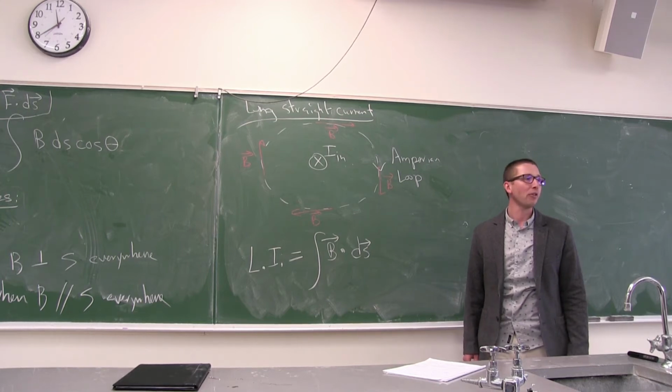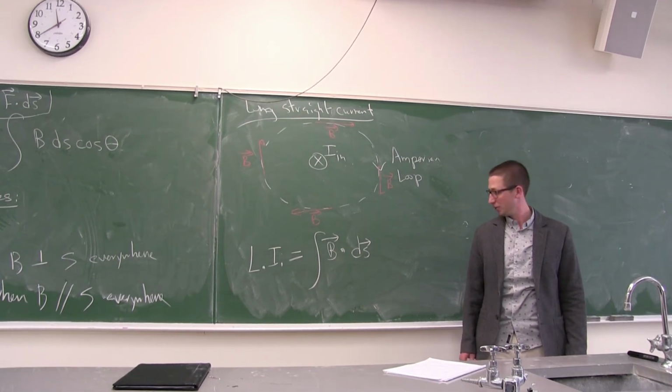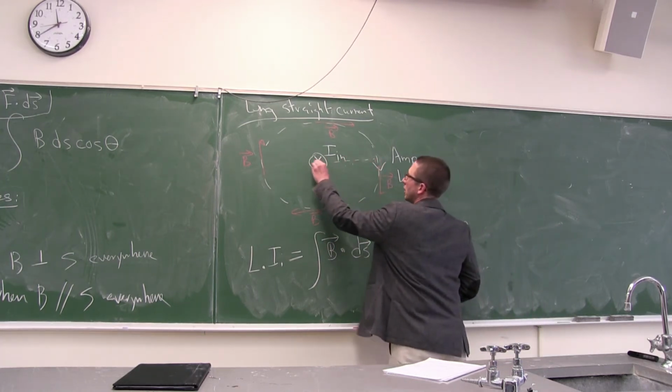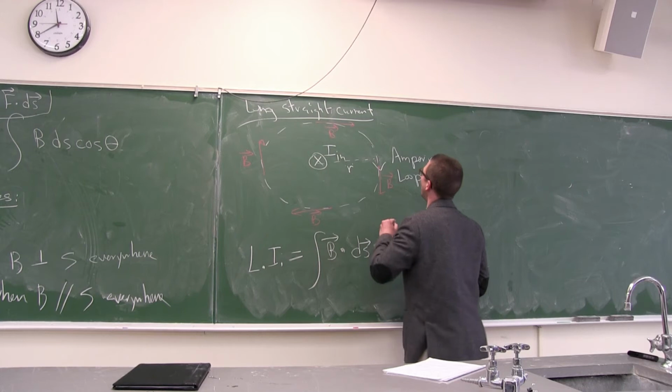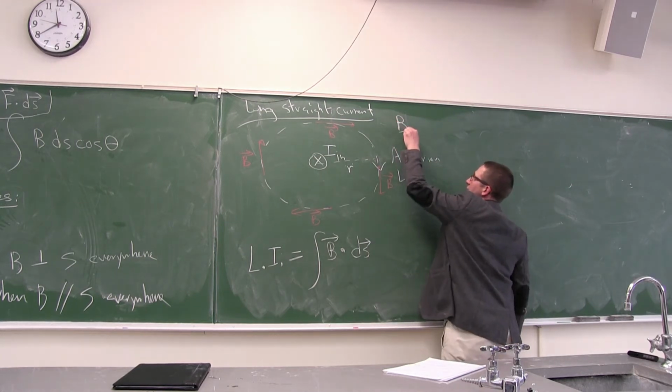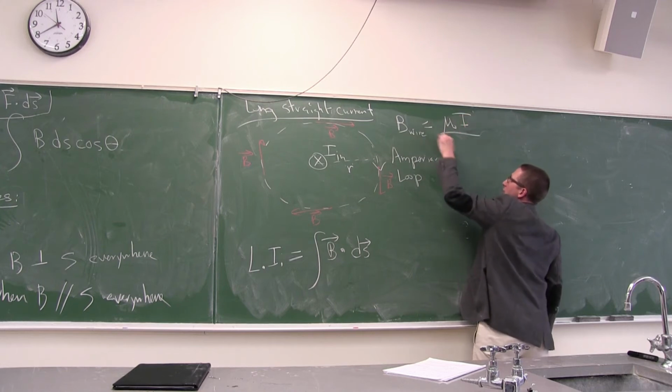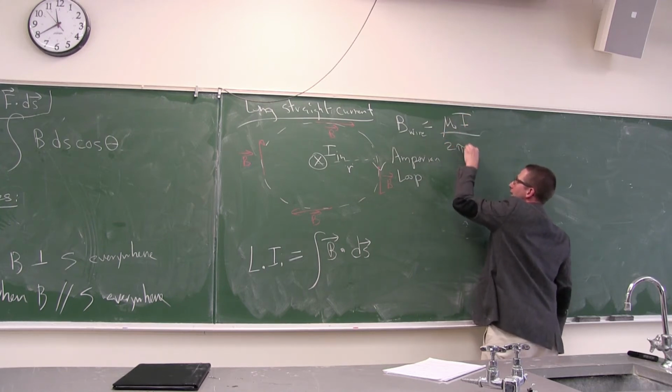And we already know the magnetic field due to a long straight wire. If this loop has radius small r, the magnetic field due to a wire is mu naught I over 2 pi r.